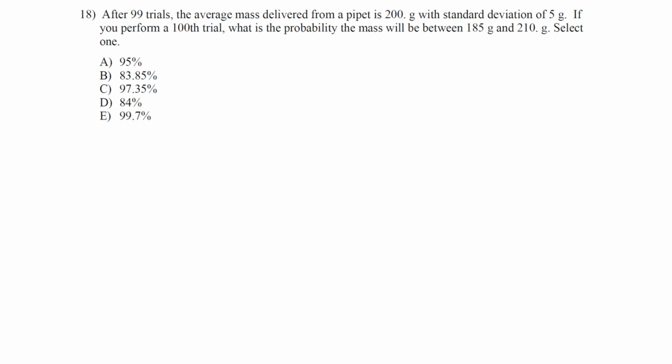After 99 trials, the average mass delivered by a pipette is 200 grams with a standard deviation of 5 grams. If you perform a 100th trial, what's the probability the mass will be between 185 grams and 210 grams? Select one. So let's do our Gaussian.